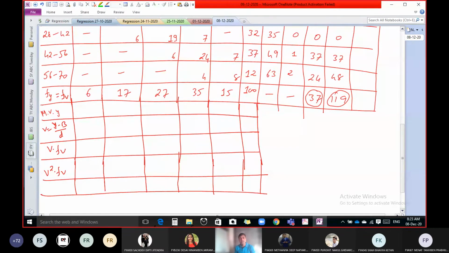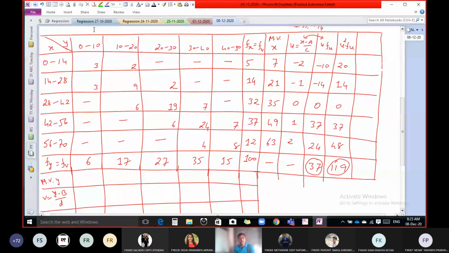Okay, sorry, mid value. First of all, mid value of y. See the different values of y. This is in interval 0 to 10. What is the mid value? 5. Then 15, 25, 35 and 45. No need to add all these values.